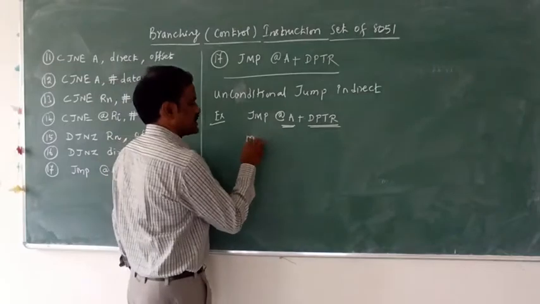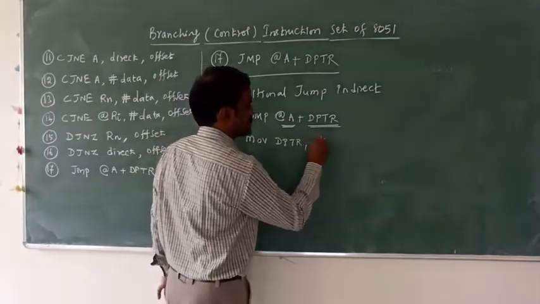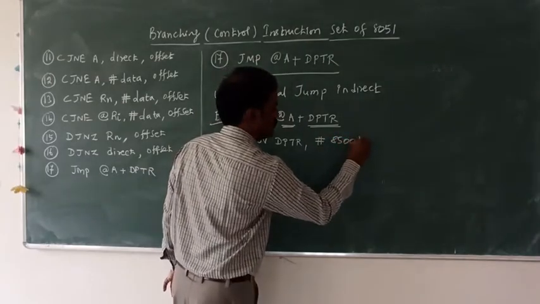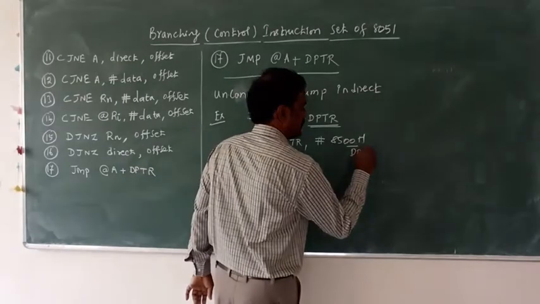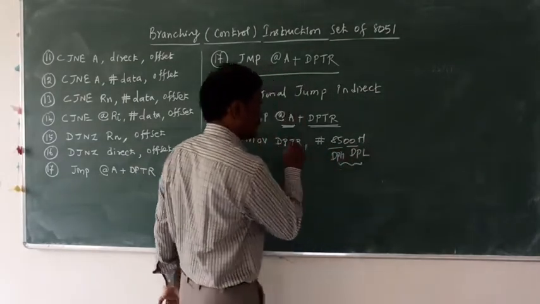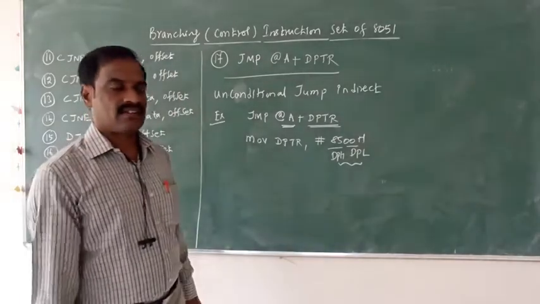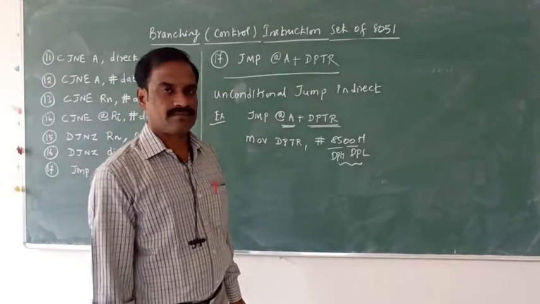Okay, first we have to initialize MOV DPTR, #8500H. This part is for DPH and this part is for DPL. These two represent the data pointer. This is a 16-bit address or 16-bit data.